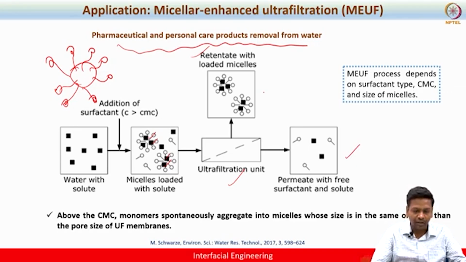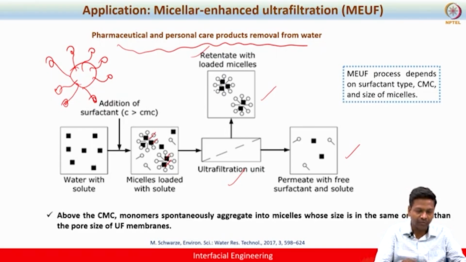So in this way, you can actually collect or remove the free solute and the free monomer. But the important problem for us will be how to deal with this one, because you want to remove the solute molecules, but we also added another component in this problem, that is the surfactant molecules. If we cannot remove the surfactant and solute from the micelles, the process will become a costly affair, because you would not be able to reuse the surfactant molecules.